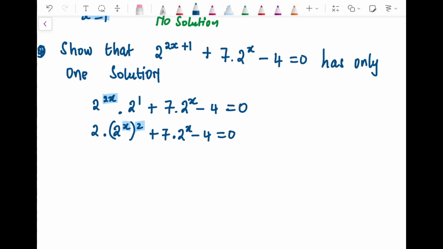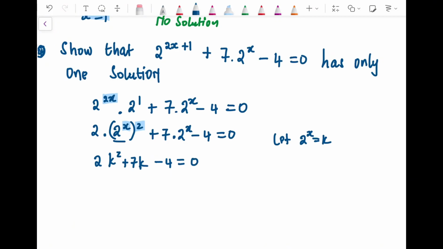Now from here I can again say let 2 to the exponent x equal to k. So I am going to have 2k squared plus 7 multiplied by k, because 2 to the exponent x is now k, minus 4.